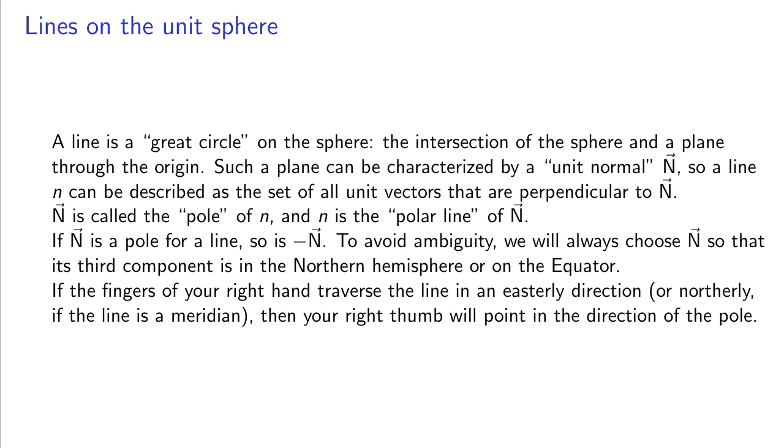What we will do is to choose the pole so that the third component, the z component, is in the northern hemisphere or, on rare occasions, on the equator. If you traverse a line in an easterly direction, or if it's a north-south line, if you traverse it in a northerly direction, then your right-hand thumb will point in the direction of the pole that we'll be using.